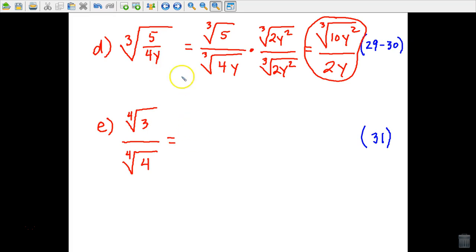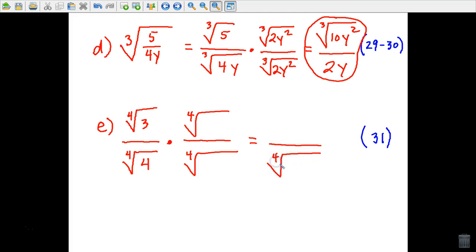It works the same way with fourth roots. Let me just set it up. I'm going to be multiplying top and bottom by some fourth root so that the result gives me a perfect fourth root, something that I can simplify without having to represent in radical form.